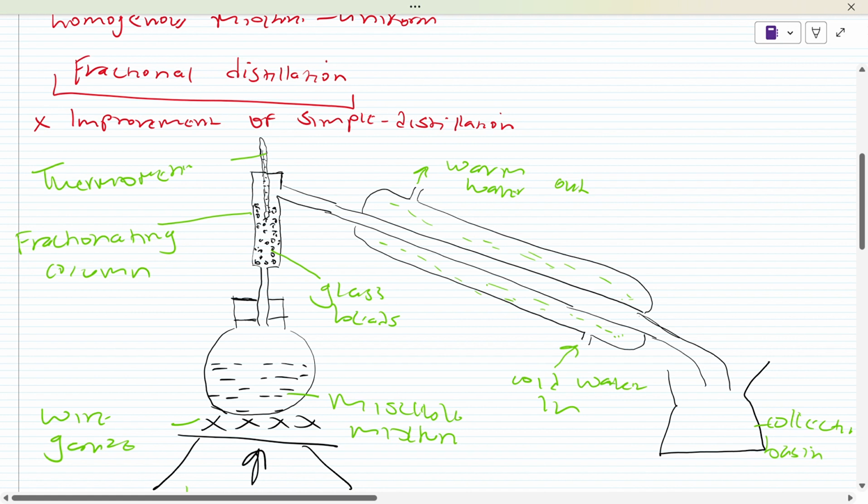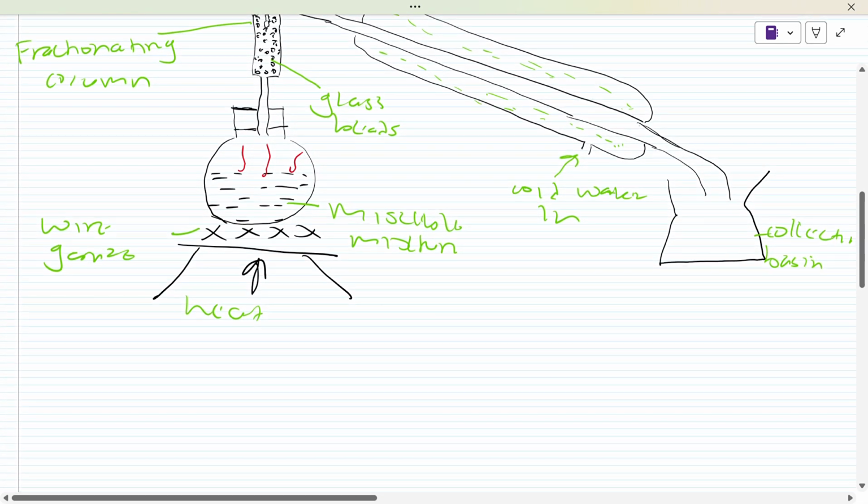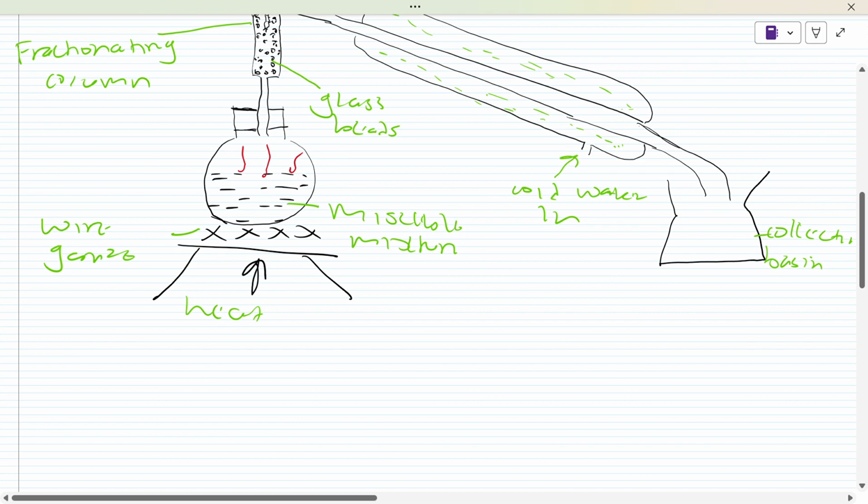So it is supposed to cool the vapor that is coming out from our system here, that is being heated inside here. Now let me dig deep into key things that you're supposed to know as a student about this structure. The only difference between fractional distillation and simple distillation is the fractionating column.